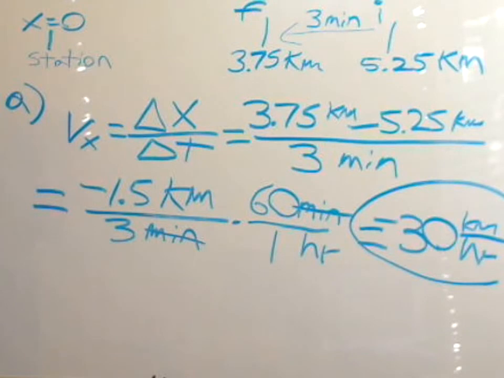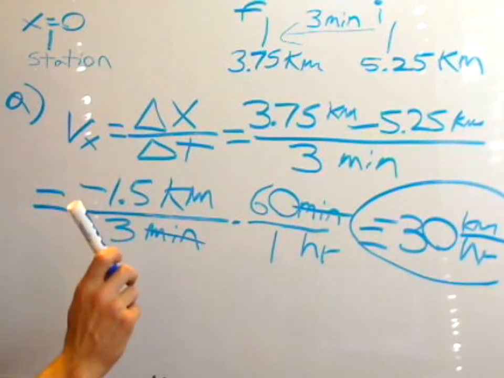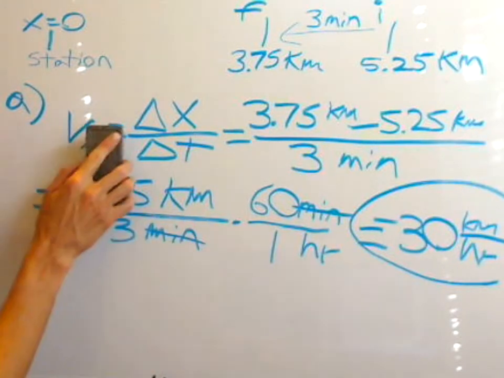Now, in the second part of the question, we are asked to find the acceleration of the train, and we're told that it takes 20 seconds for the train to slow to a stop from this speed. So we're going to need to create some space here, so let me go ahead and erase all this.